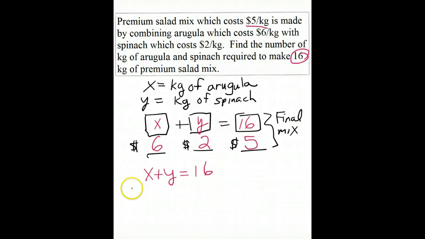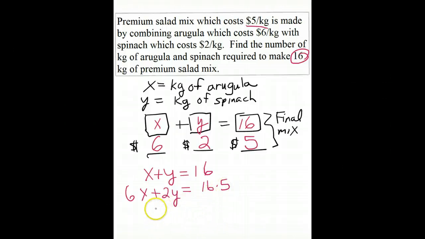My second one has to do with cost. It costs me $6 for every kilogram of arugula. It costs me $2 for every kilogram of spinach. And then the cost of my final mix is 16 times $5.